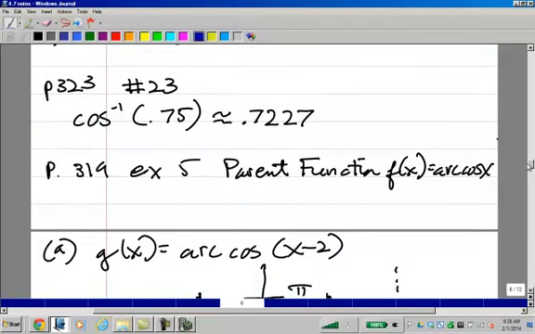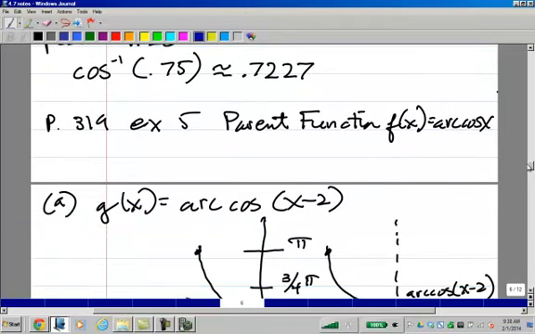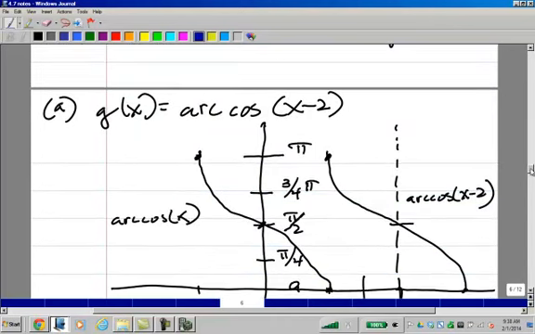So, page 319, example 5, parent functions. So f of x equals the cosine of x. And then it can be shifted. So the arc cosine can be shifted into the arc cosine of x minus 2. And it's shifted 2 to the right. That's all.